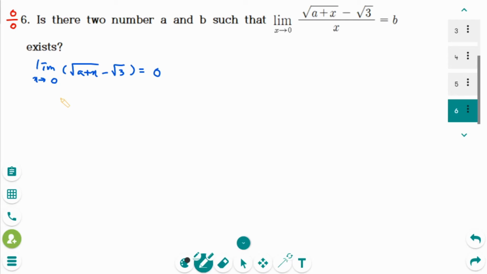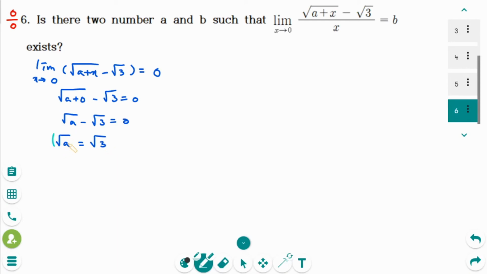So square root of a plus 0 minus the square root of 3 equals 0. Square root of a minus the square root of 3 equals 0. Then square root of a equals square root of 3.